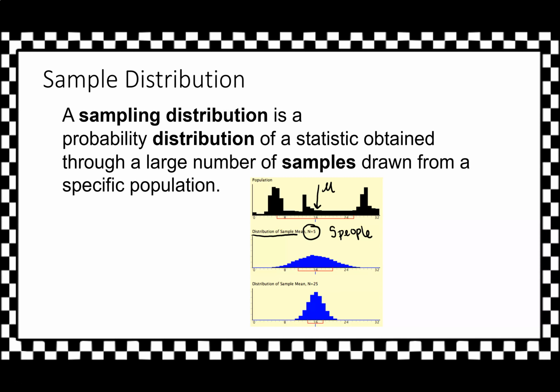Now, interestingly enough, this sample distribution is normal. Really interesting, given the fact that our population frequency chart here isn't even normal. Very interesting. And also notice that the average of our sample distribution is the same thing as our population mean.